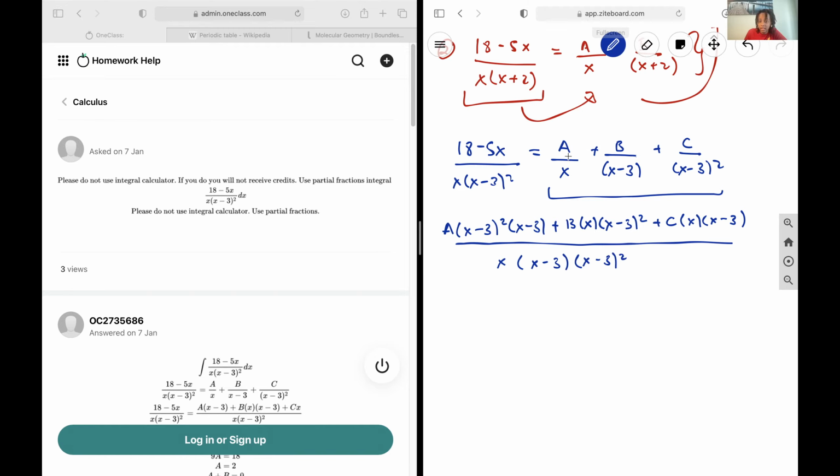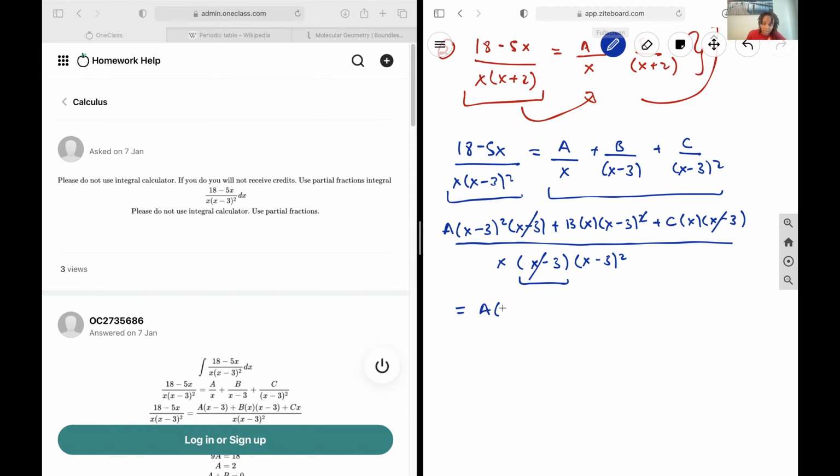If you want to know how I did that, I just did a multiplied by the other denominators plus b multiplied by the other denominators plus c multiplied by the other denominators too, so that I can multiply them all as my final denominator. And of course, since we want the final form to be x into (x minus 3) squared, we're going to cancel out this additional x minus 3 here on all of the terms. And so we have one here, one here. We're going to cancel out one here and this one here too.